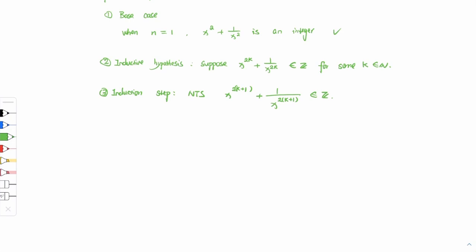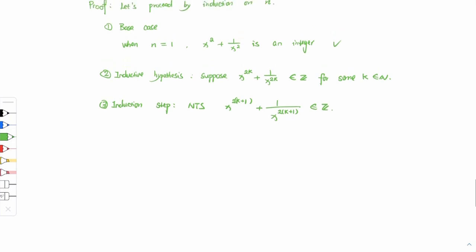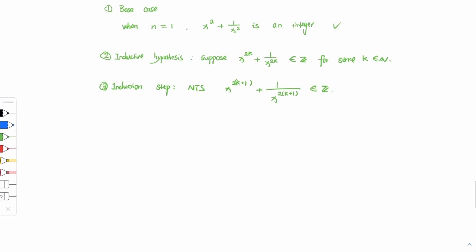I'm going to use my base case. Actually, I want to do some rough work because I want to show you my rough work and how I got everything.